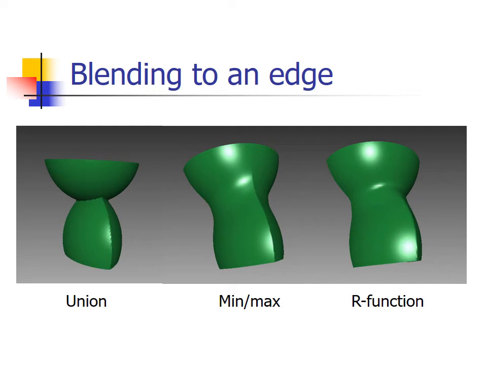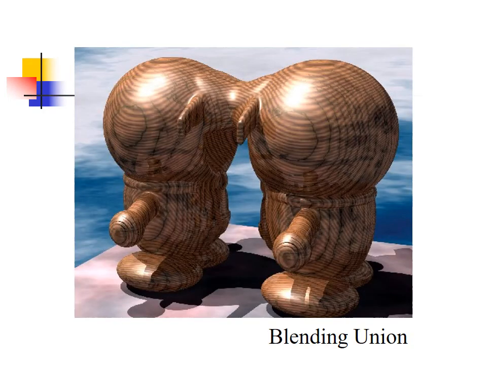When we apply the blending operation to the object produced by min-max operation, we can get such artifacts as unwanted edges, middle picture on the slide, while the R functions give a good result, right picture on the slide. This is an example of the blending union operation.